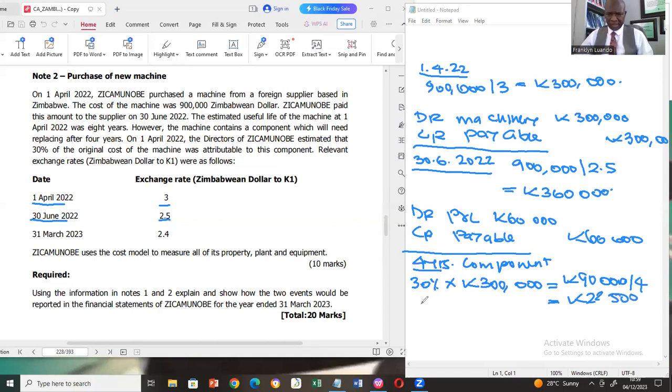The remaining component, which has 8 years, is automatically 70%. 70% of 300,000 will be 210,000. Divide by 8 years, multiply by 1 year. This gives us 26,250.